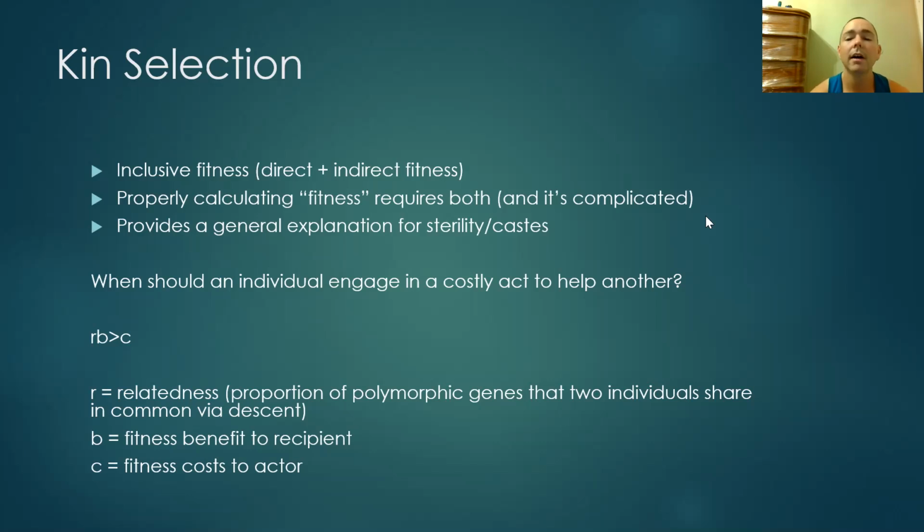And so this produces this little inequality here, Hamilton's rule, that is that a trait is predicted to evolve under the following circumstances. If the product, i.e. when you multiply relatedness, R, times the benefit to the recipient, is greater than the cost to the donor, then the trait should spread.